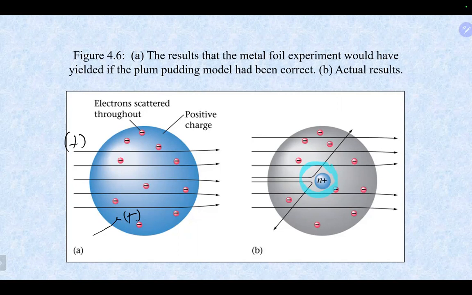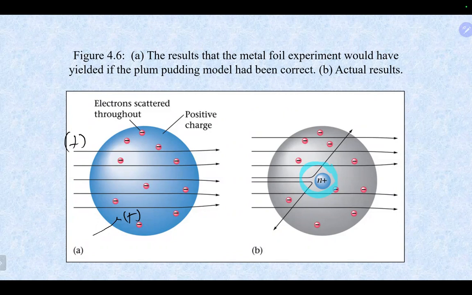Kind of like my example, if you held that piece of paper up and poked the pin through, you'd be able to poke the pin through, but it would be a little bit deflected. That's what they thought would happen, moving through the positive jello: it would bounce a little bit and be a little bit deflected.